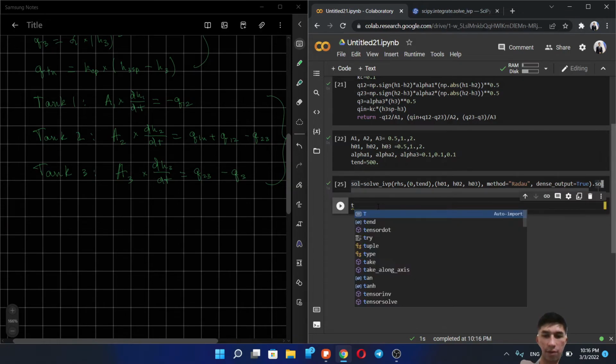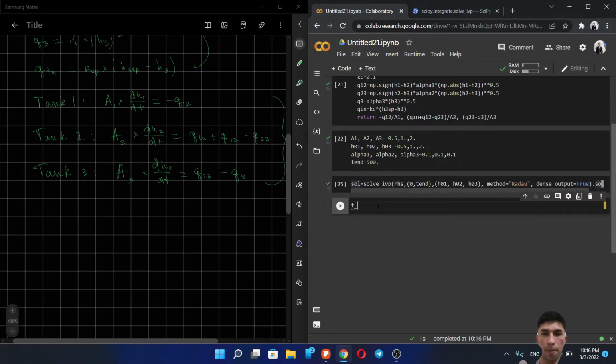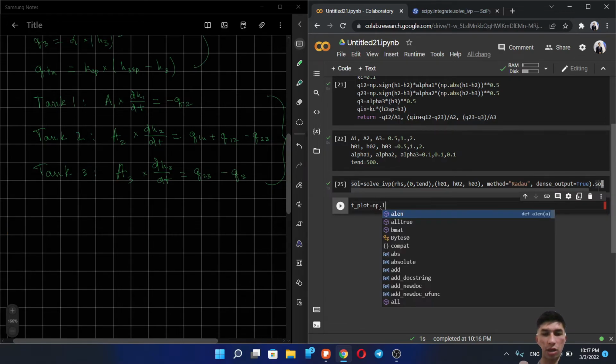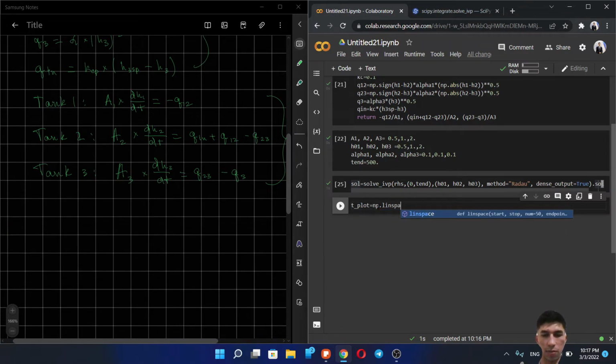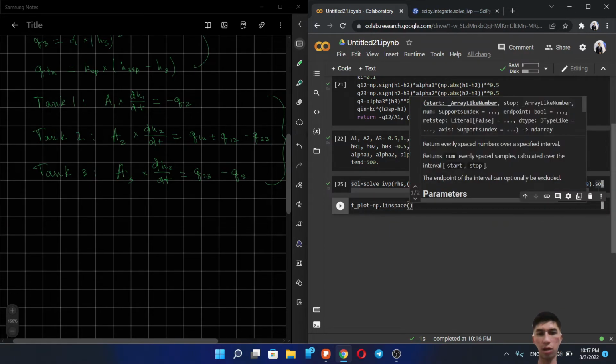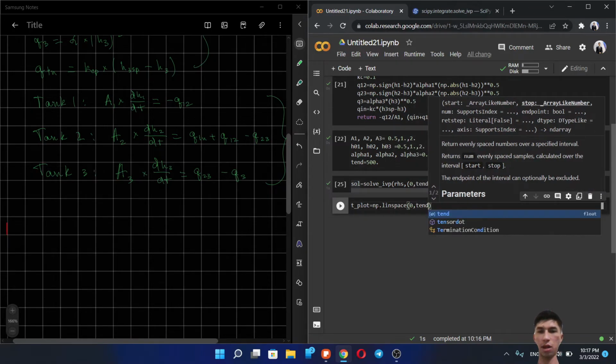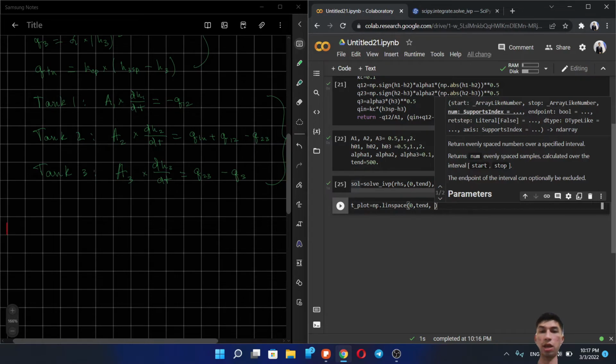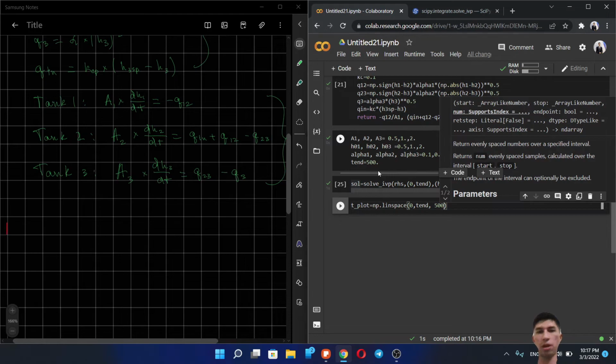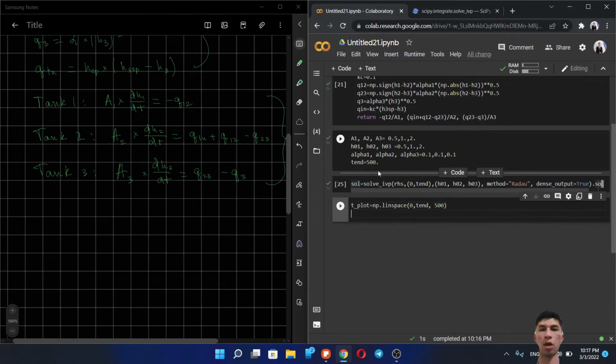So let's just have the t for plotting purposes, right? We're gonna have numbers that are linearly spaced, so linspace, which is gonna start from 0 and go to the ending time, which we defined earlier, and we're gonna have 500 values.